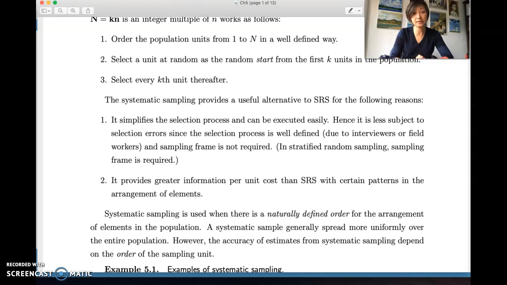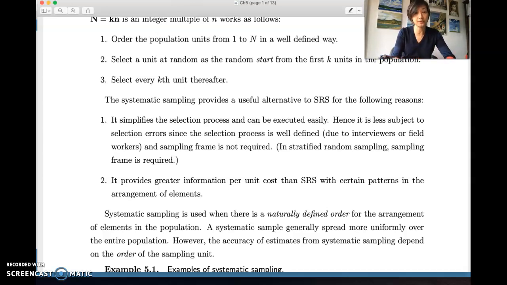But if I tell the interviewer to go to the entrance or the exit of the supermarket and ask every 10th shopper who comes out, no matter who they are, whether an elderly person or a student, it doesn't matter, and then interview him or her, this would be a systematic way.